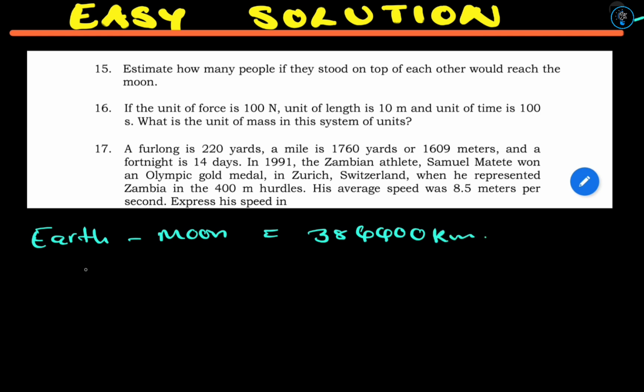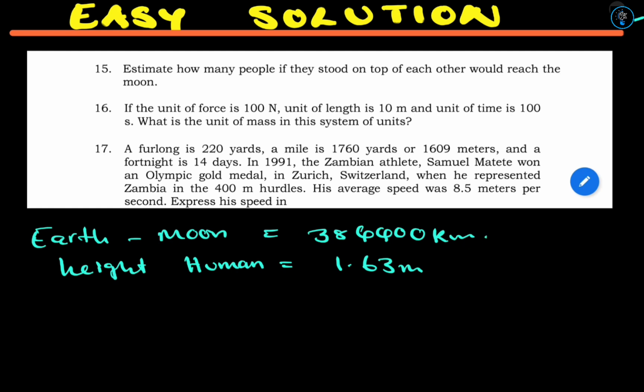And we know that the average height of a human being is 1.63 meters. Okay, we can now find the number of people that are required to reach the moon.